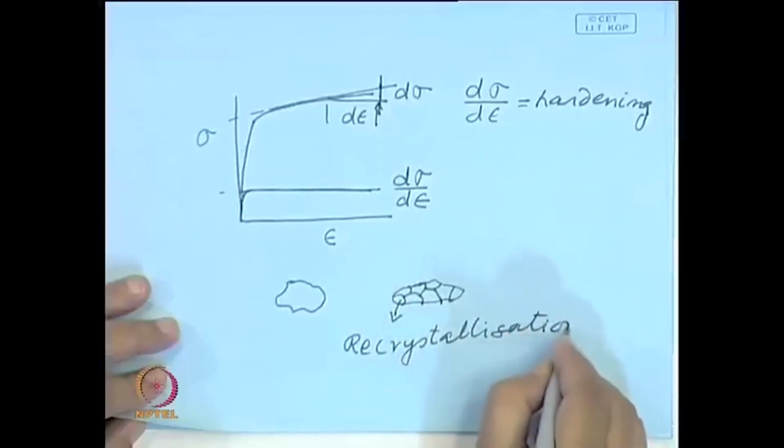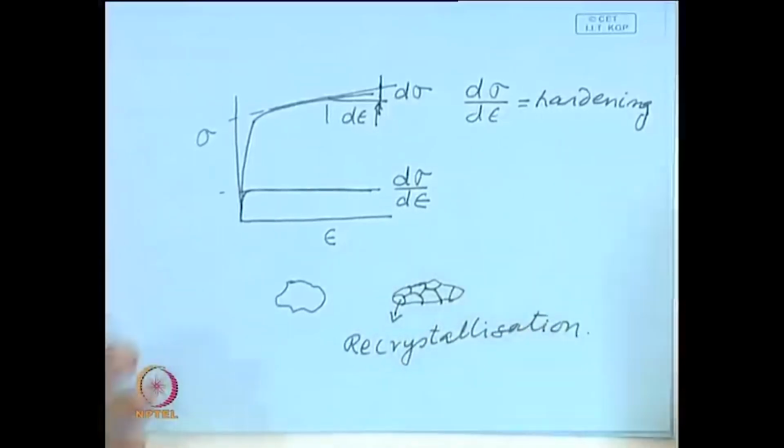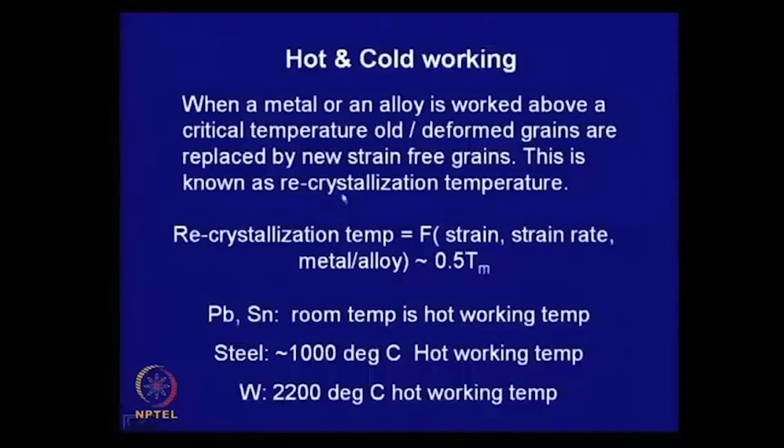Recrystallization happens at a particular temperature, and this temperature is a function not only of the strain that has accumulated, but also the strain rate, and also depends on the metal and alloy.